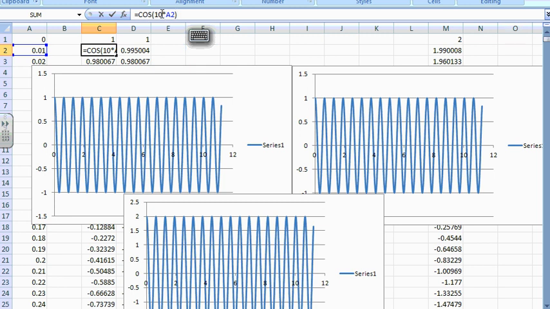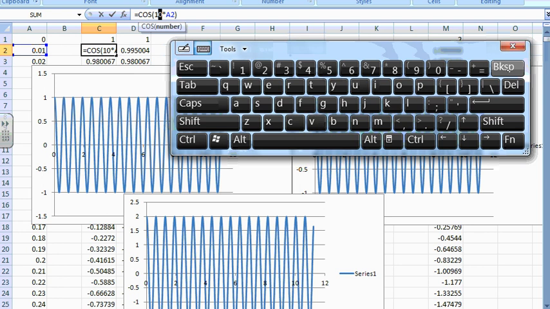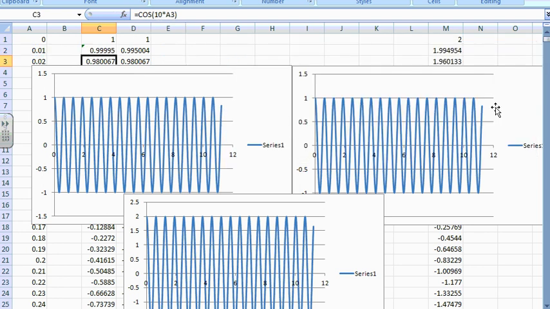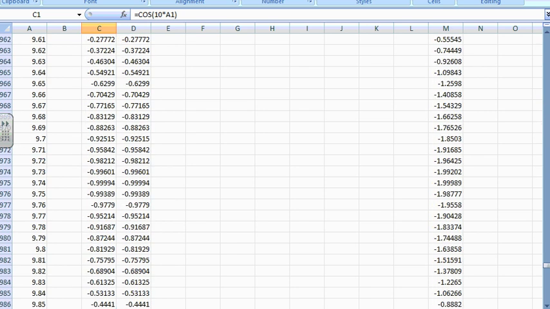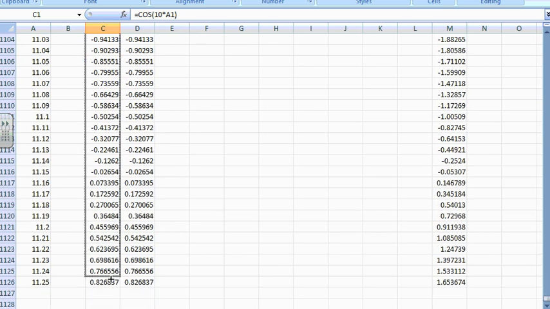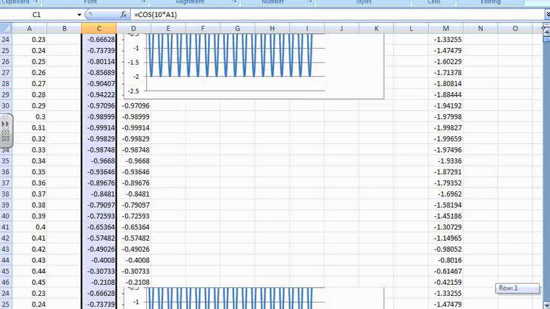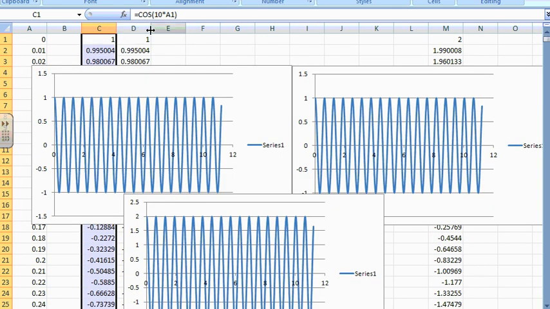So let's change this to 1, drag this down. Wait, what happened?